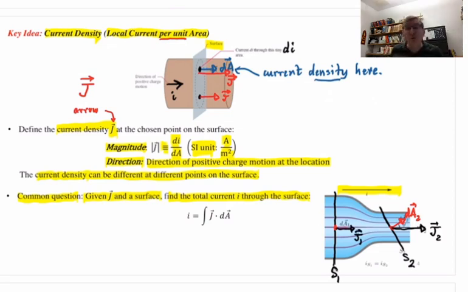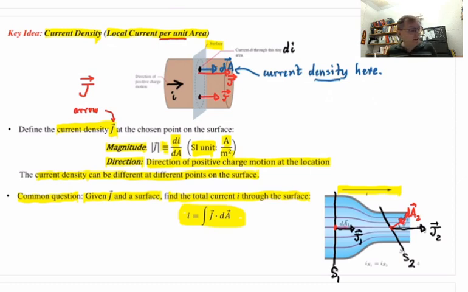How do you find the total current I flowing through either one of those surfaces? You, in essence, take that expression up there that defines J, multiply both sides by dA, and then integrate. But you have to account for the fact that J and dA are vectors, and so you get this integral.